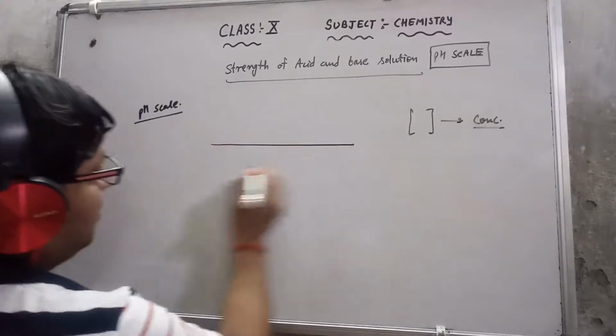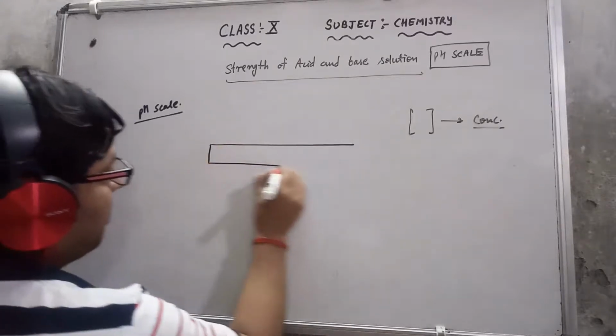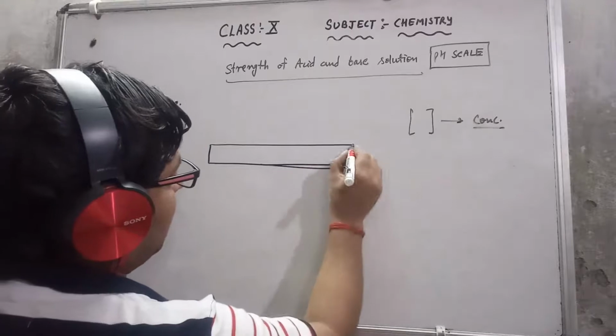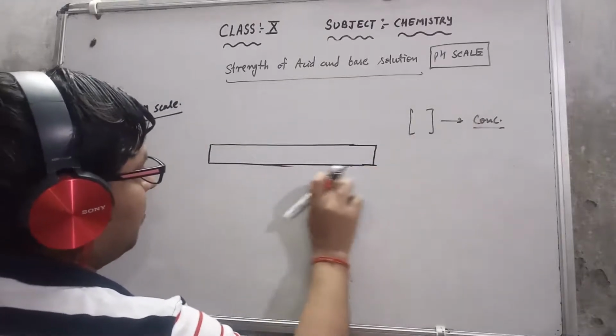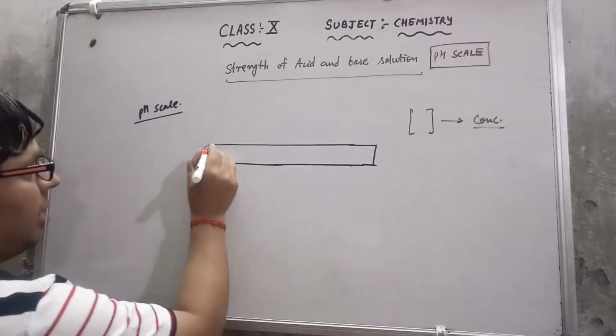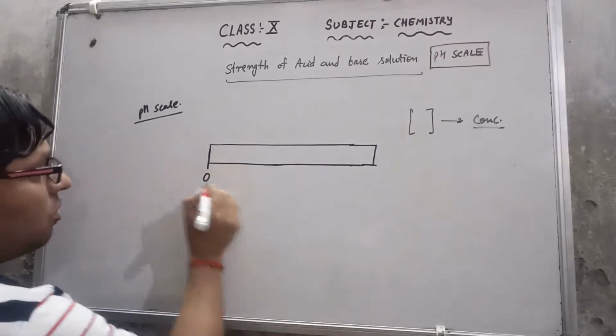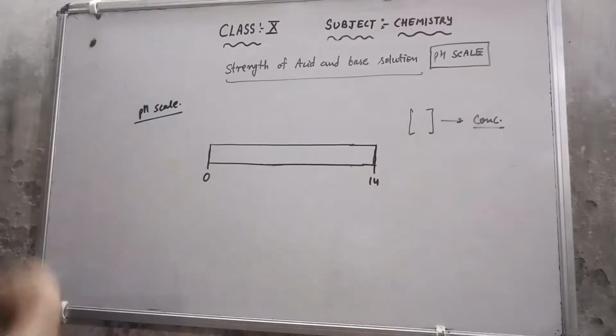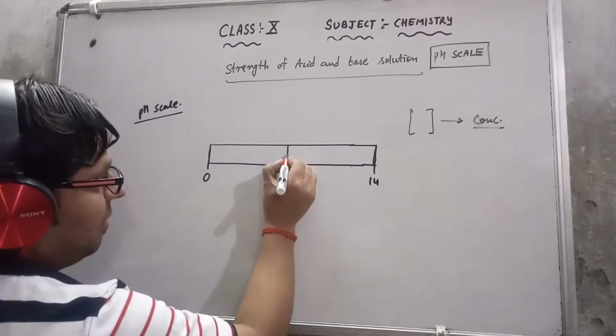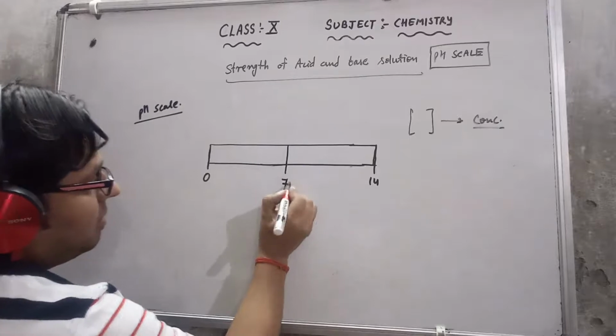Suppose this is one scale on which some values are mentioned. The initial point is 0, the final point of this scale is 14, that means 0 to 14, and at the center it is 7.